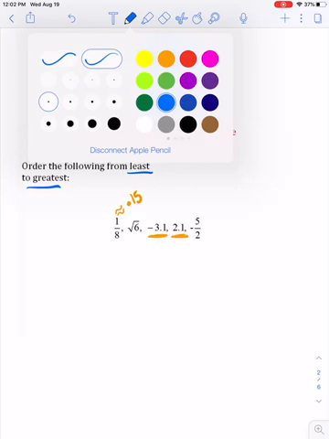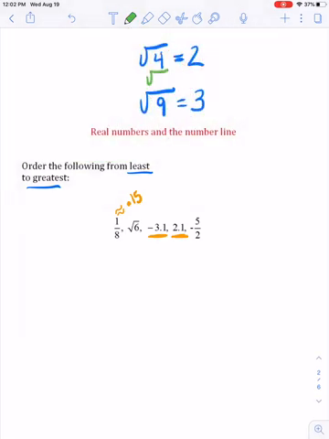So hopefully you would agree with me when I say, well, square root of 5 then would have to be somewhere between 2 and 3. Probably a little bit closer to the 2 than the 3 because 5 is closer to 4 than it is to 9. So maybe I'll say that this is about 2.2, somewhere in there. Again, I already have these ones as decimals.